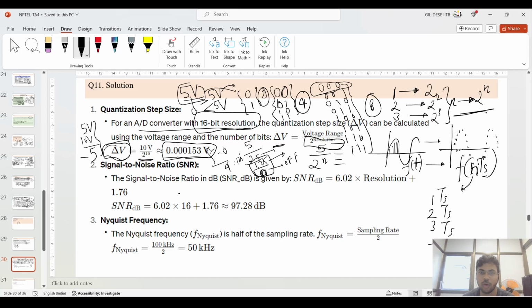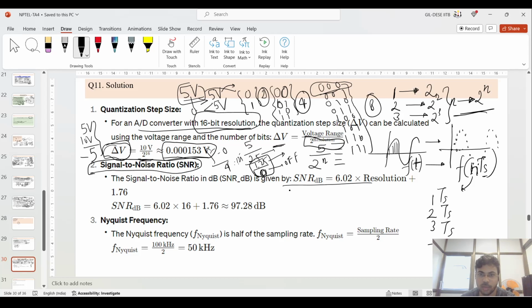You should define the 0 to 5 voltage range with 4 quantization steps. At 0 it will be off, at 1.25 the 01 logic will follow, above that the 10 logic will be applicable, and at 5 the 11 logic will be possible. That is the basic concept of quantization step size.